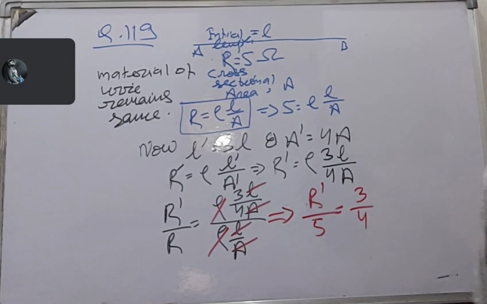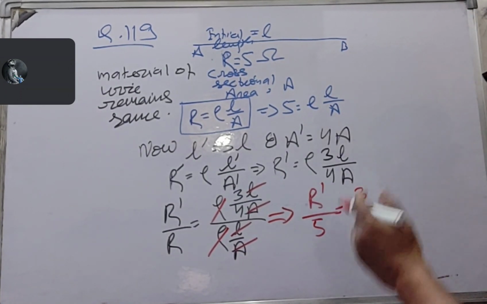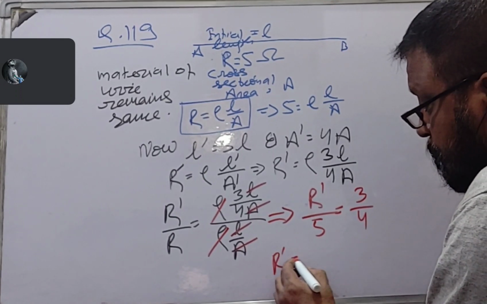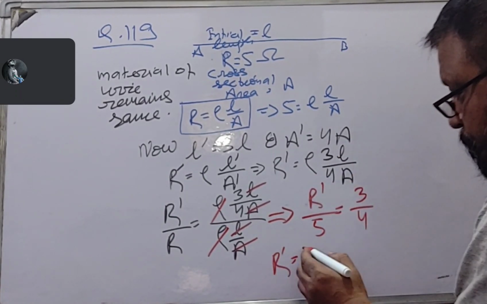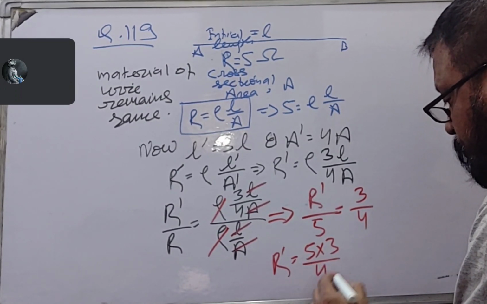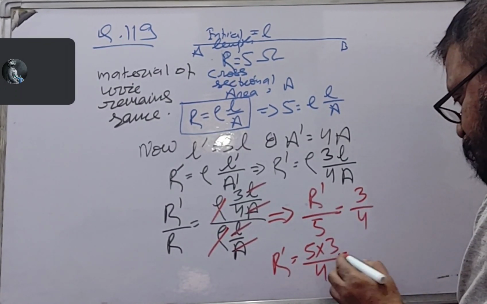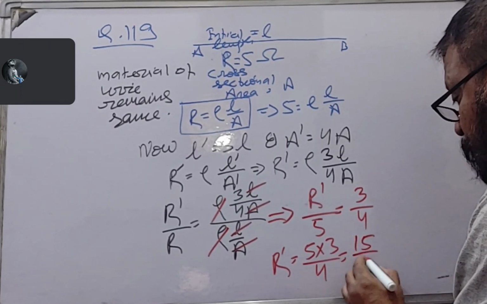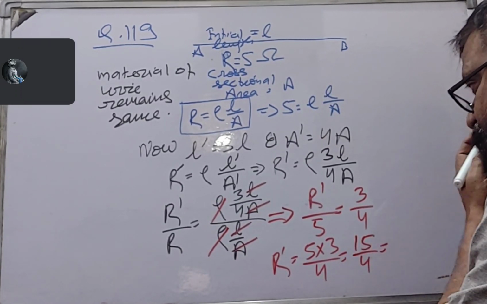So R dash is equal to 5 into 3 upon 4. It becomes 3 5s are 15 upon 4.